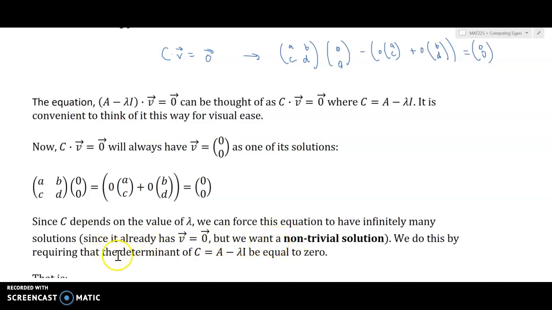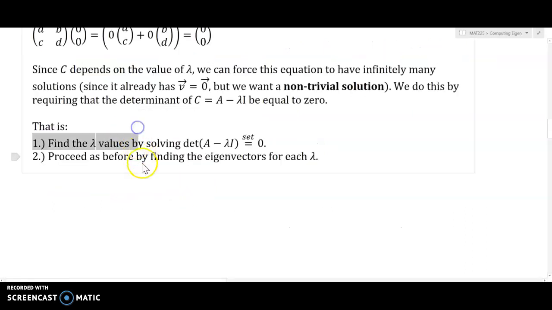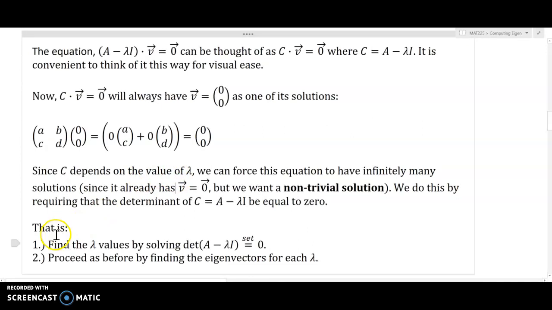We do this by requiring the determinant of C, which is A minus lambda I, to be equal to 0. That is, find the lambda values by solving the determinant of A minus lambda I set equal to 0, solve for lambda, and then once we have the lambdas, we already know how to compute the eigenvectors from that.